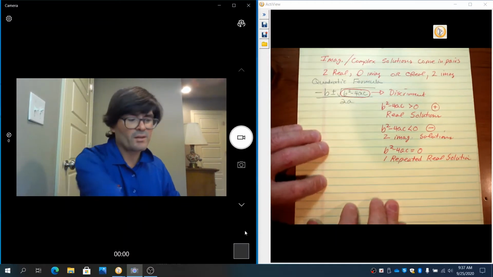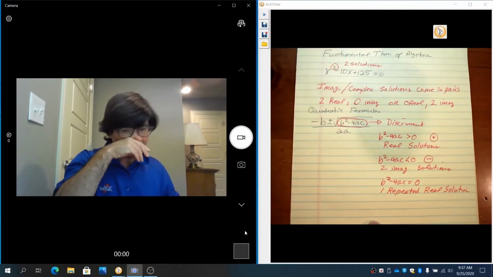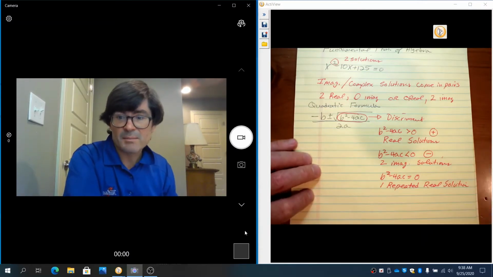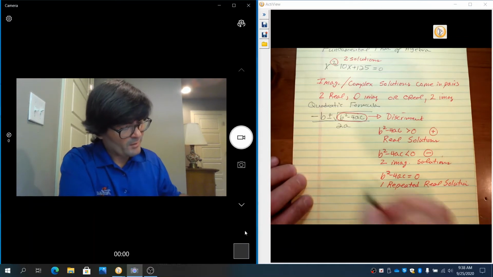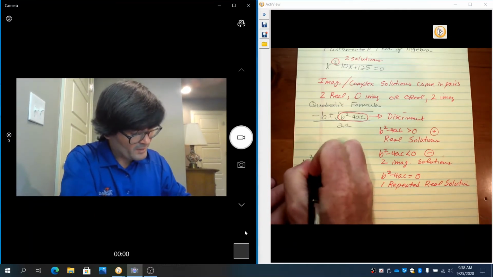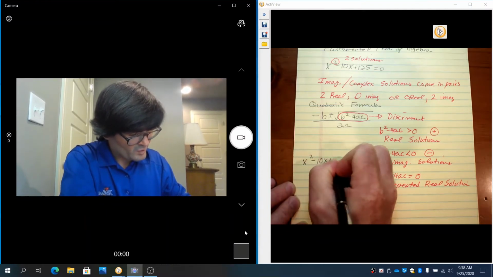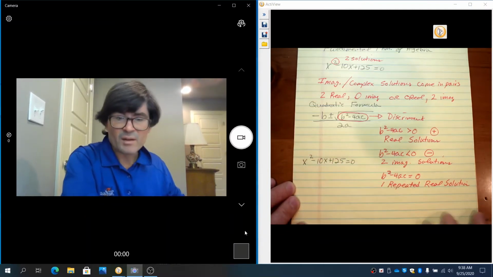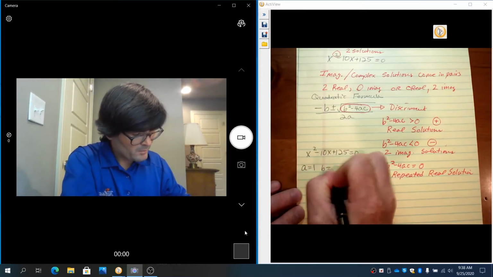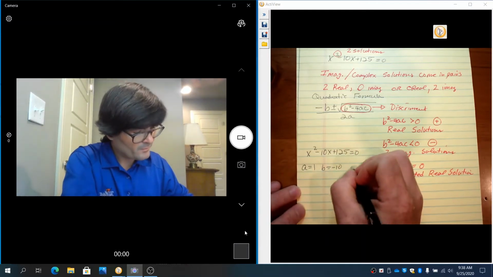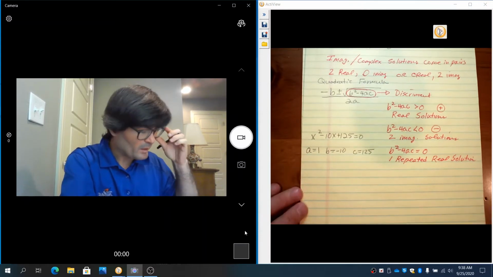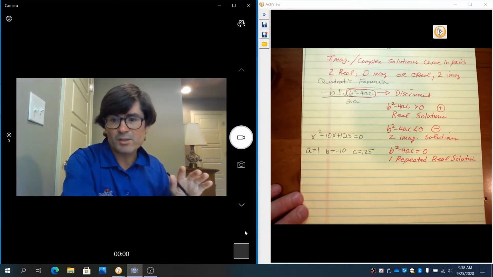But I want to just start with the quadratic equation I wrote up there at the top and use the discriminant to decide what type of solutions it might have. So let me write it again right here. x squared minus 10x plus 125 equals 0. A is 1. B is negative 10. C is 125. As I look at my discriminant, I'm not doing the quadratic formula, I'm just doing the discriminant.